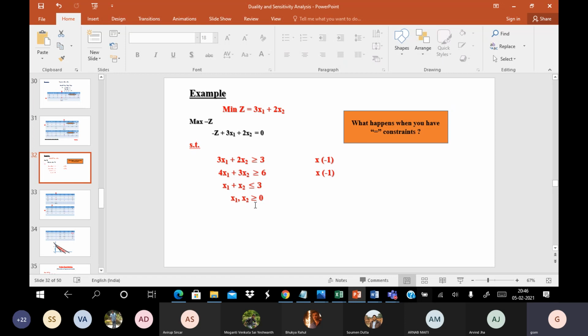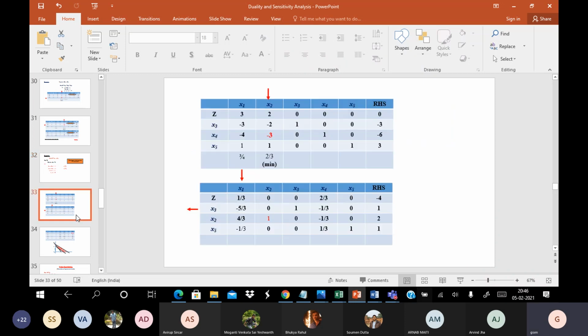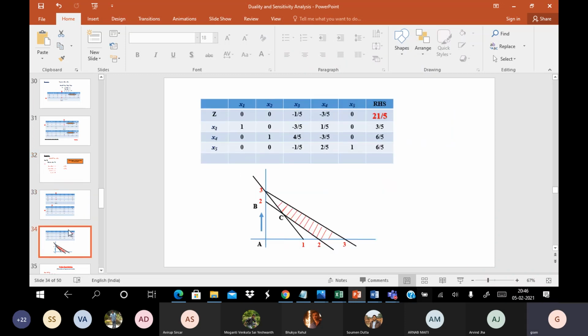Yeah, 0 2 is a feasible solution, right? So graphically also we are getting 4 only as the answer, like 0 2. 0 2, no?